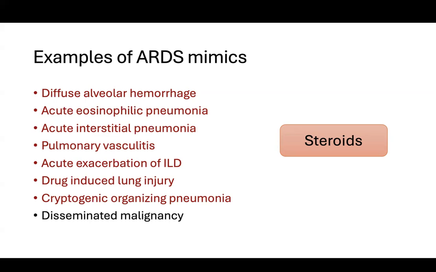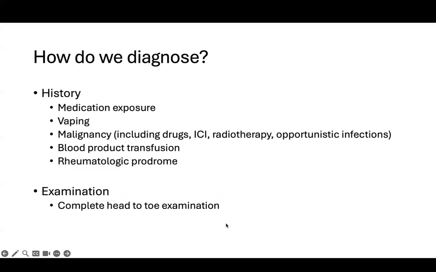So what you're looking for when you're looking for ARDS mimics is very simple. You're looking for a disease that can be steroid responsive, or maybe you're looking for a malignancy, right? That is, as simple as I can put it, even though that may be wrong way to put it, but it's understandable. So how do we diagnose?